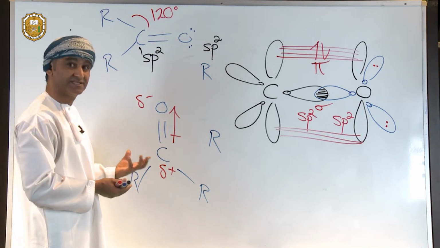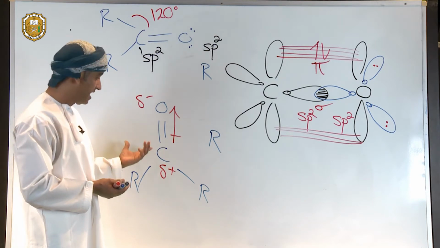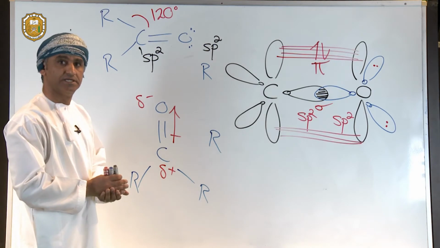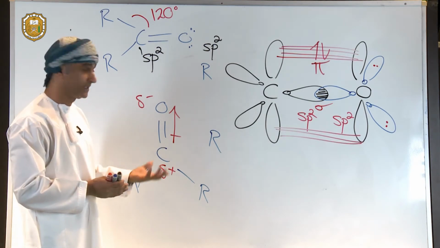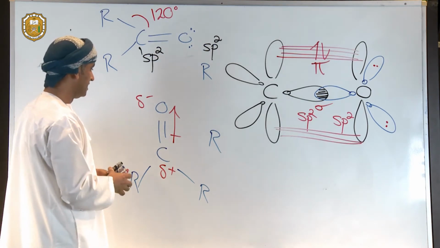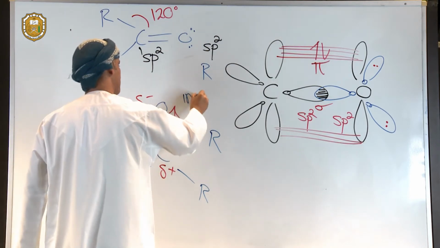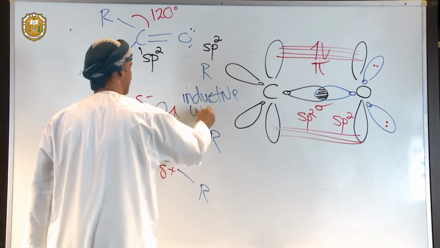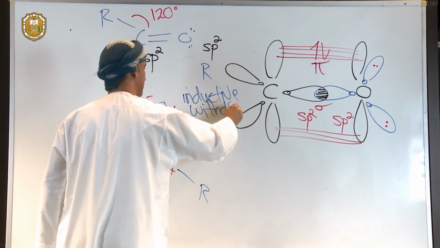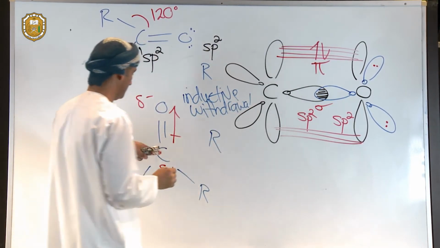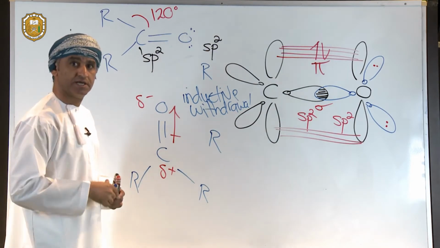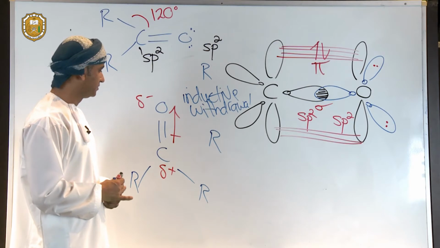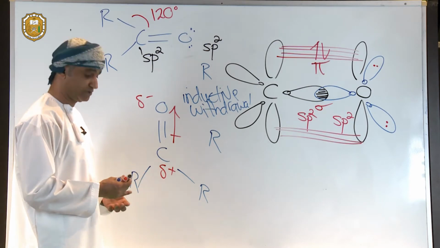And this indicates that carbon is electrophilic, whereas oxygen is nucleophilic. This is inductive effect, again, inductive withdrawal. We can write that down. So this is inductive withdrawal. It is withdrawal of electrons from carbon by oxygen, a result of a difference in electronegativity between oxygen and carbon. Of course, oxygen is more electronegative.